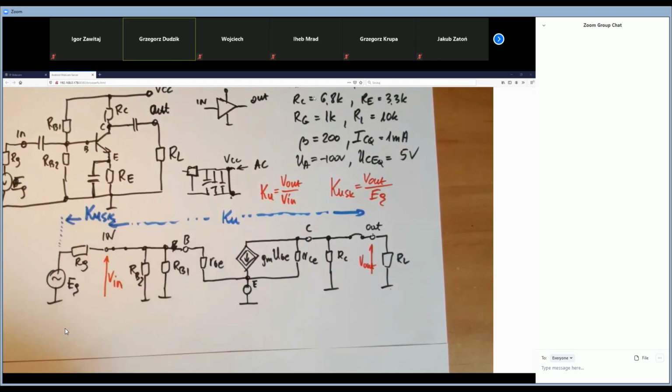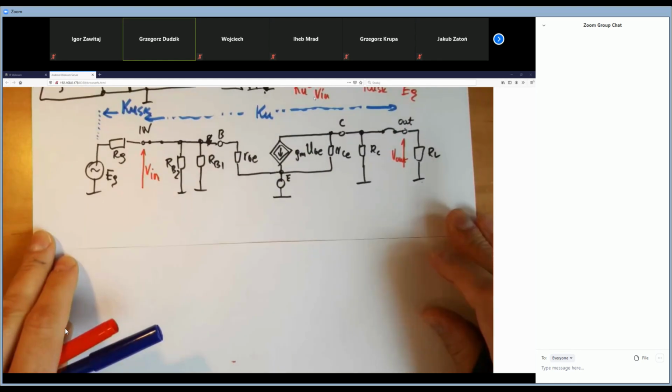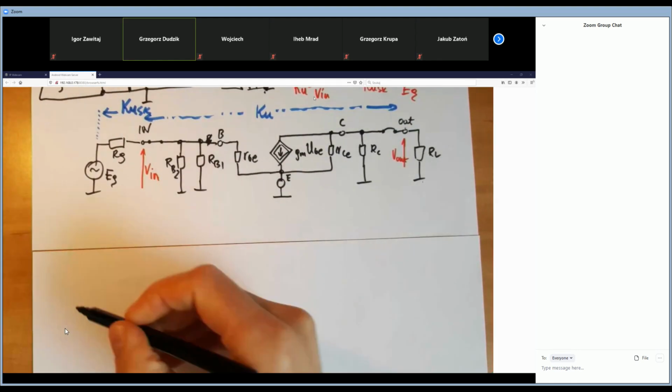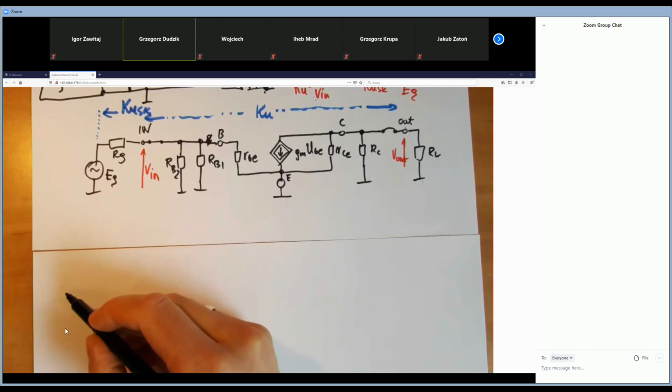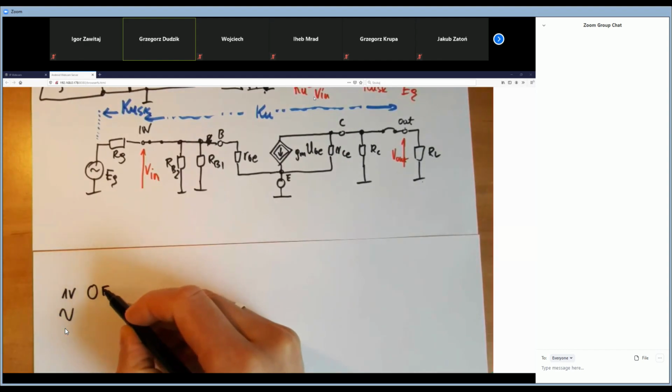The generator has some output impedance, and typically it is 50 ohms or 600 ohms, but typically 50 ohms. What does it mean? If I set on the generator a voltage value equal to 1 volt for the sine waveform, so I set the EG value.